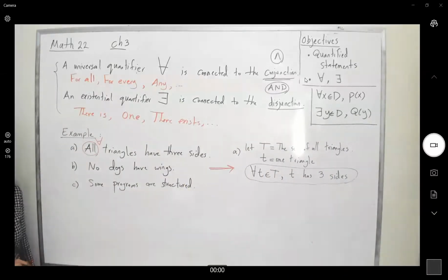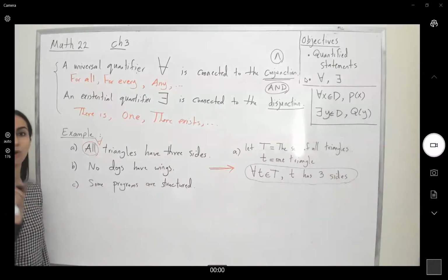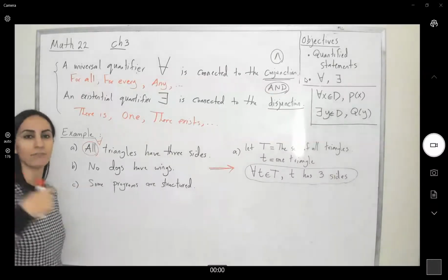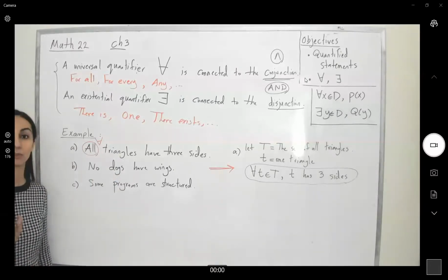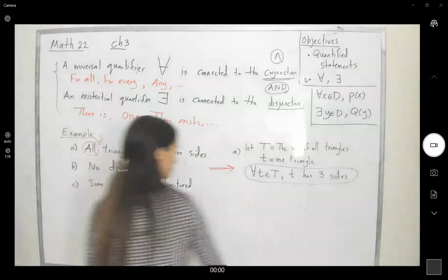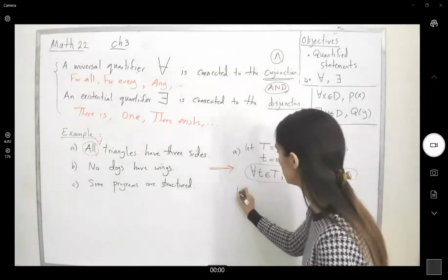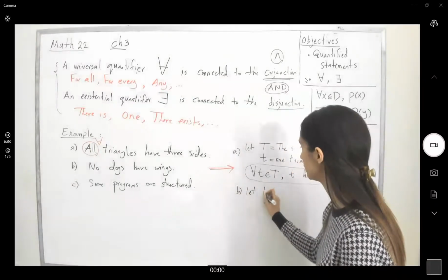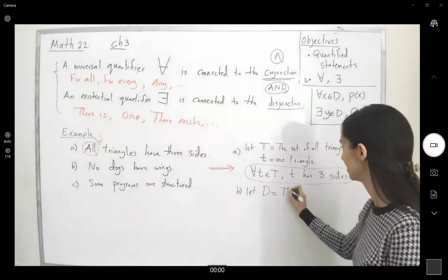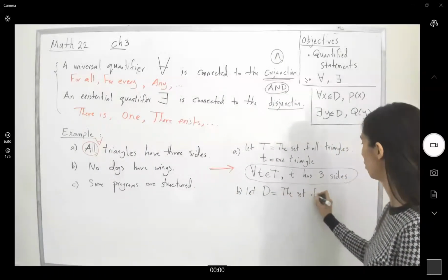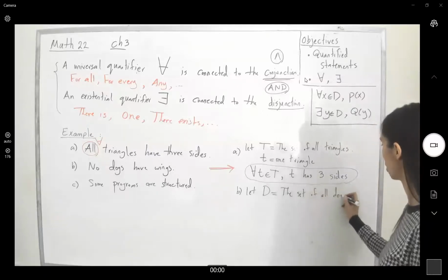What about B? Here you have no dogs. It means that if I take any dog, that dog doesn't have wings. So, let D be the set denoting all dogs, the set of all dogs.